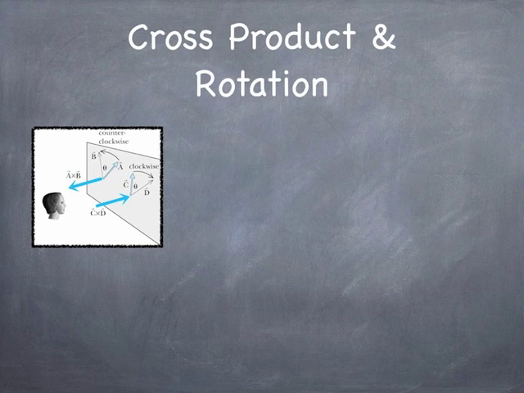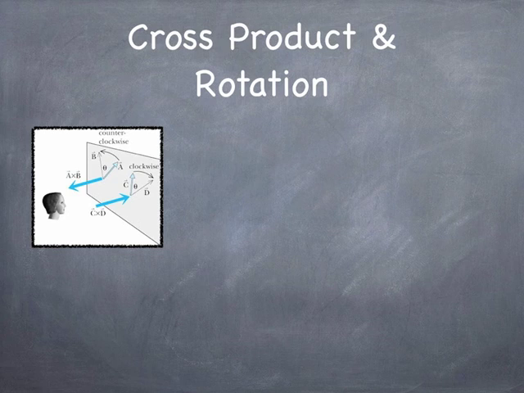In some textbooks, they don't worry about cross products. They just talk about clockwise and counterclockwise, and that's okay to a point. The problem with clockwise and counterclockwise is that the clockwiseness and counterclockwiseness of a rotation depends on your point of view. If you look at counterclockwise from one side of the chalkboard, if you could go around to the back side of the chalkboard and look at the same rotation, it would appear to be clockwise.